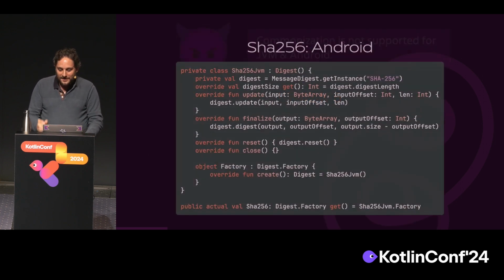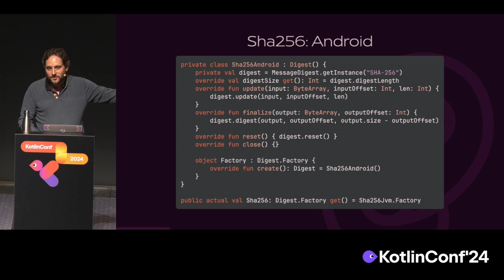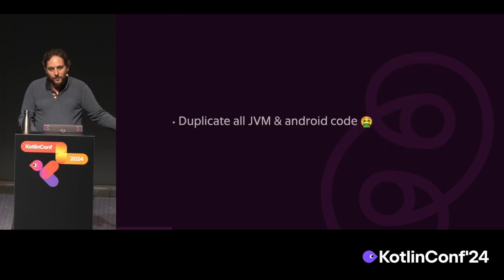So that means that you take your SHA-256 JVM implementation, you copy-paste it, and you have the Android implementation. That's bad. I don't want to duplicate my JVM and Android code, so what other choice do I have?